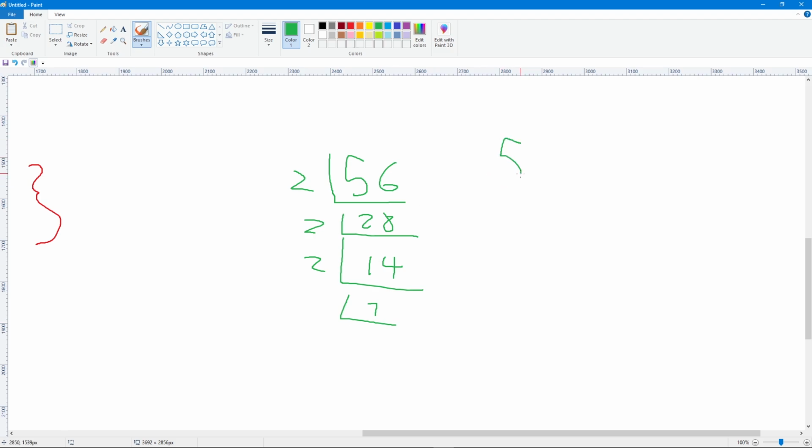So 56 is 2 times 2 times 2 times 7. So 56 is 2 to the power of 3 times 7. So any number that's not a prime can be expressed as a product of prime factors. As you can see, 2 is a prime and 7 is a prime.